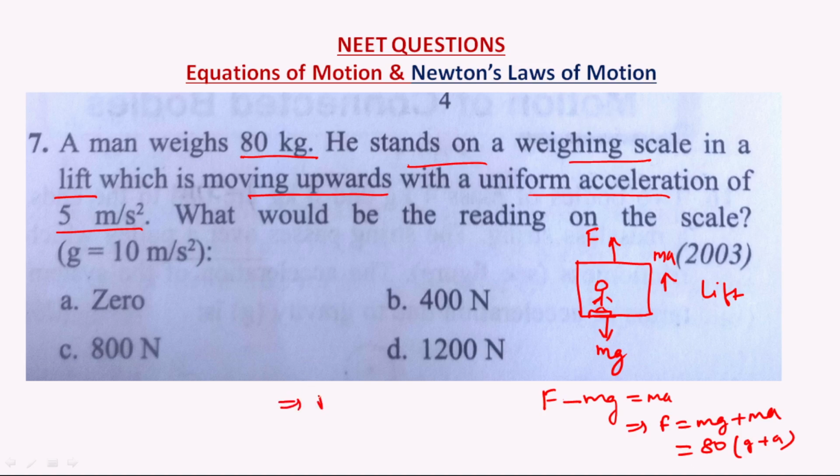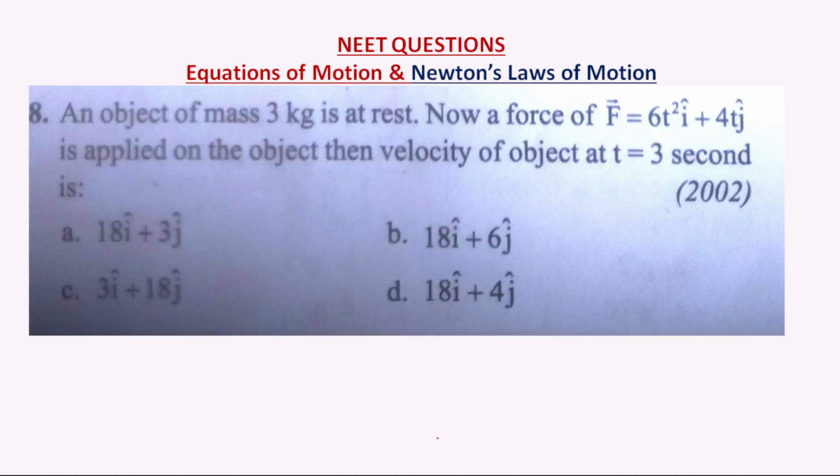Further F can be found as 80 into 10 plus 5 Newton. So 80 into 15, 1200 Newton is the force which will be showing as a reading on the scale. Answer will be D.